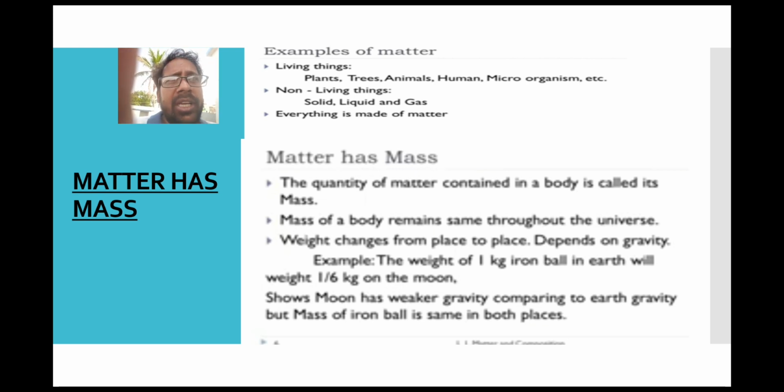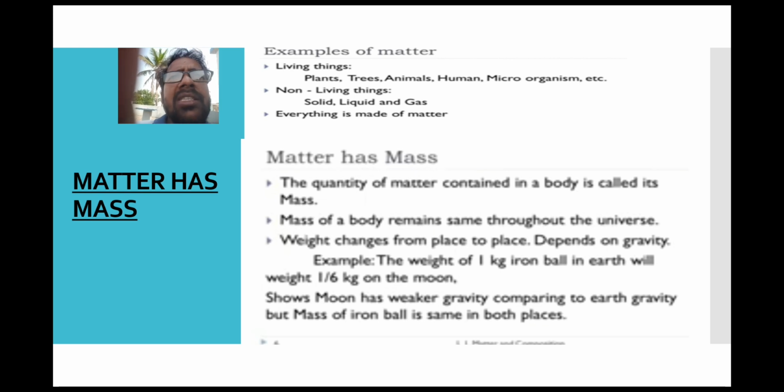It cannot be changed, whether you are on earth or on the moon. The quantity will remain the same. This means mass cannot be changed. But weight changes from place to place, because weight depends on gravitational force, and every planet has a different gravitational force.